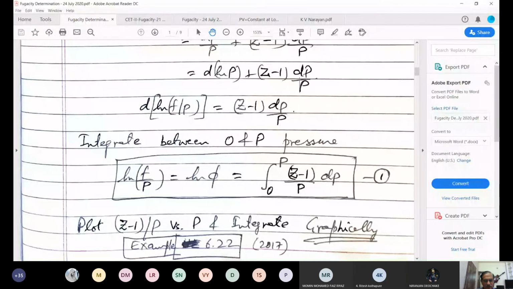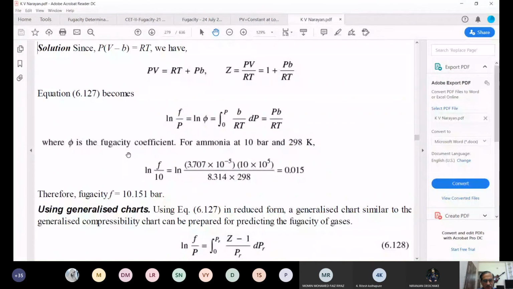Okay, so we have done this derivation: ln f by p is equal to integral 0 to p of (z minus 1) by p dp, and we have seen the example also. When you do the calculation, you'll see that fugacity is going to be different from pressure. Although pressure is 10 bar, the fugacity of ammonia at 10 bar is 10.151 bar.